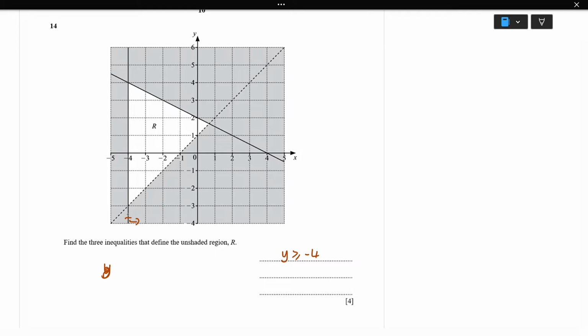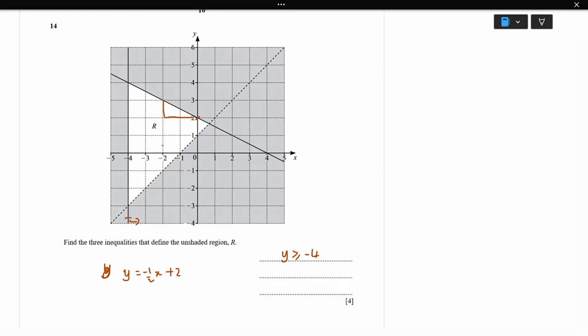Next one, I'll take this line. Here is a negative gradient. So first I'll write the equation y equals mx plus c. The intercept is going to be 2, and the gradient is 1/2, going negative, so negative 1/2 x.